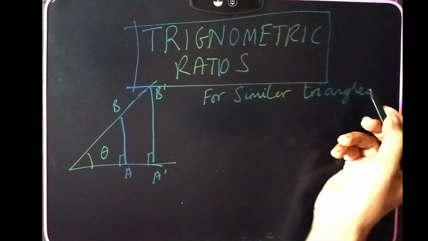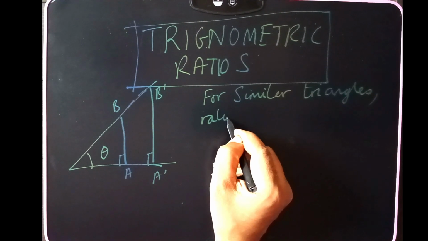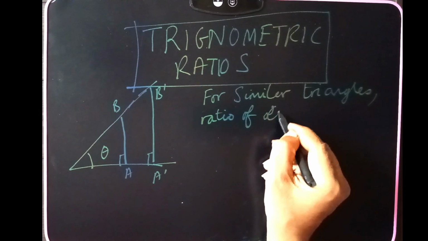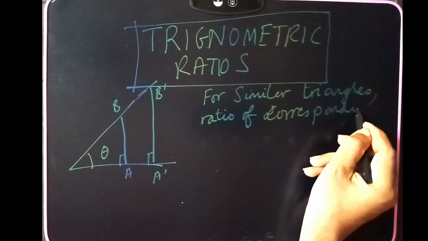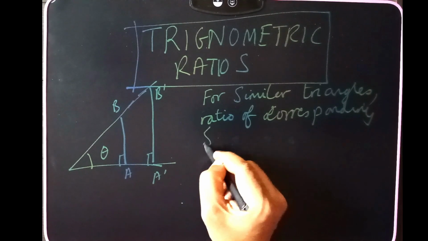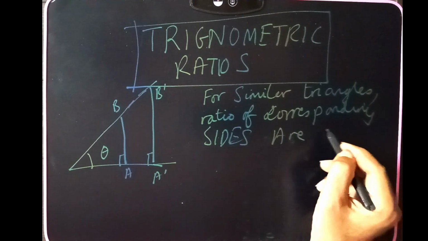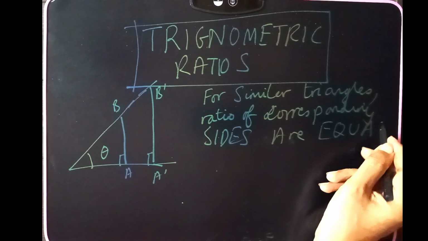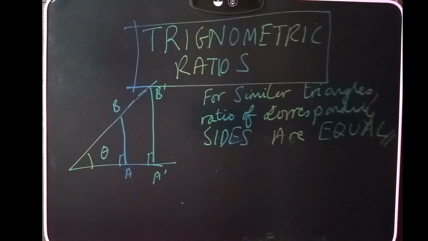triangles, what do we know for similar triangles? The ratio of corresponding sides are equal. I hope you remember class 10, right? What does it mean?